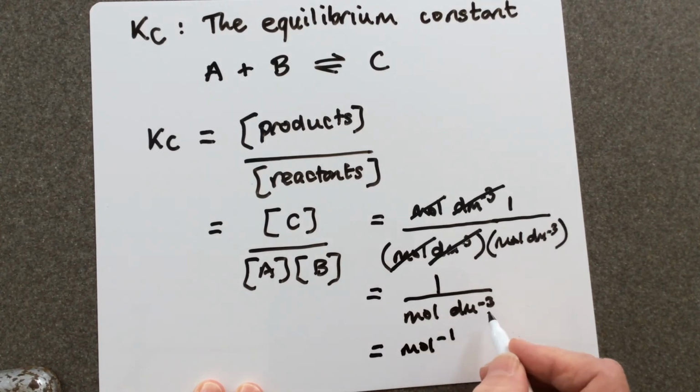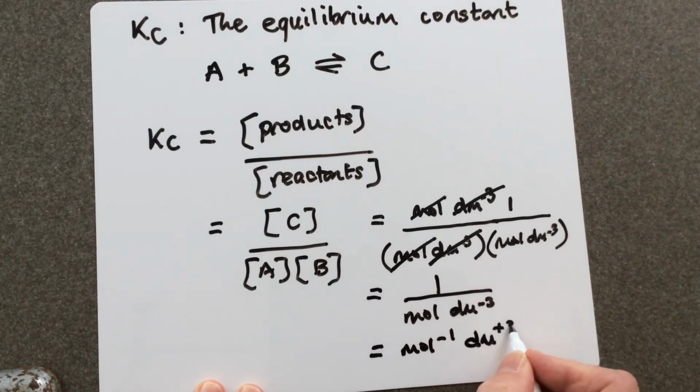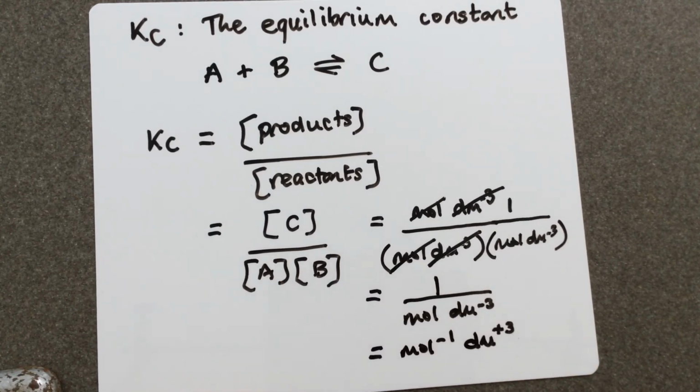To bring dm to the minus 3 to the top, I'm going to change the sign of the indices. So all you had to do was change the sign of the powers to bring them to the top. So that's a very brief introduction about Kc.